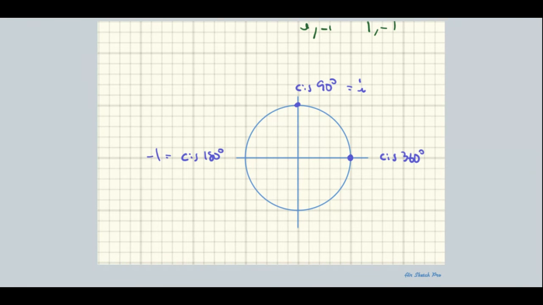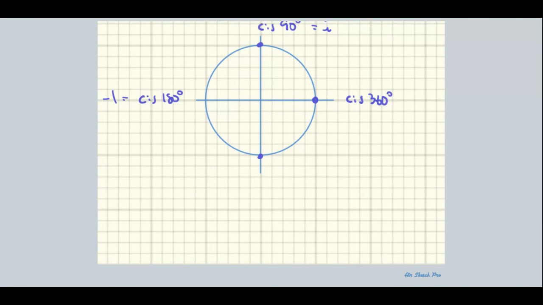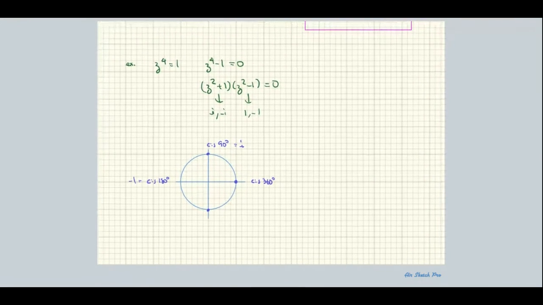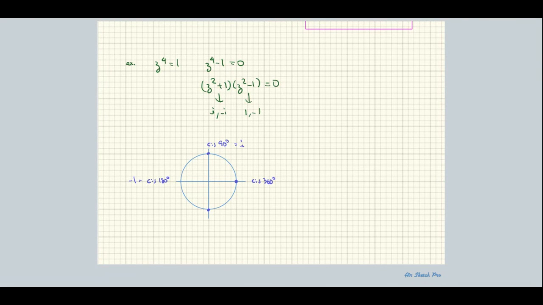That's -1. 3/4 is going to be here at cis 270, which is -i. And there you can see the 4 spokes on the wheel that represent the 4 fourth roots of 1, because that's how it works.